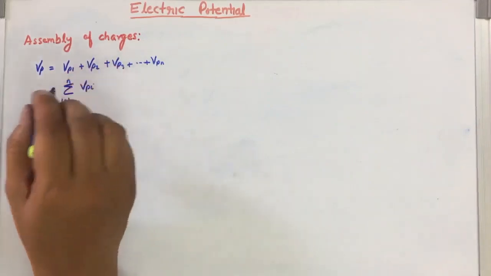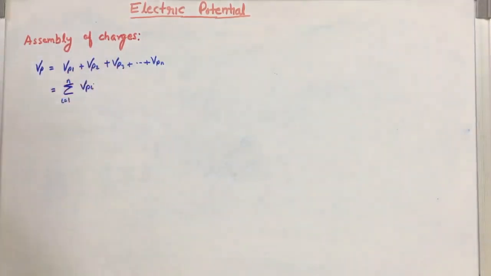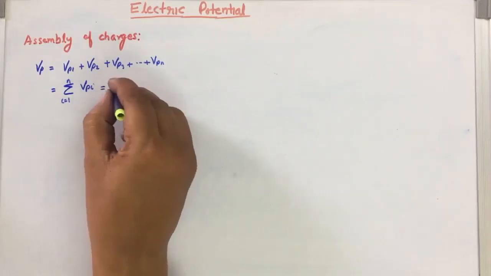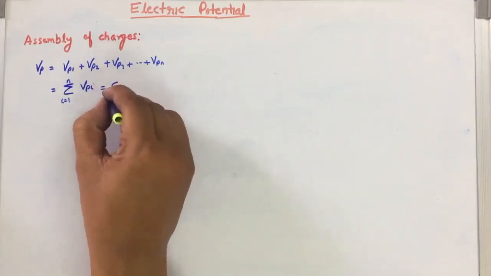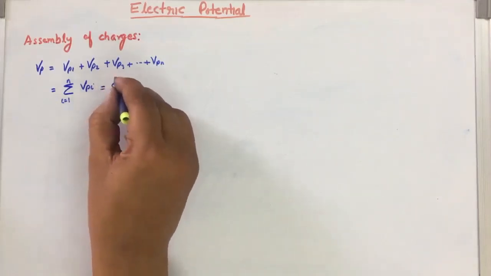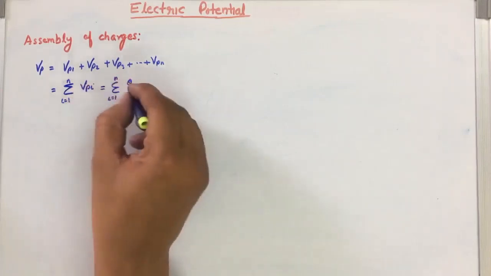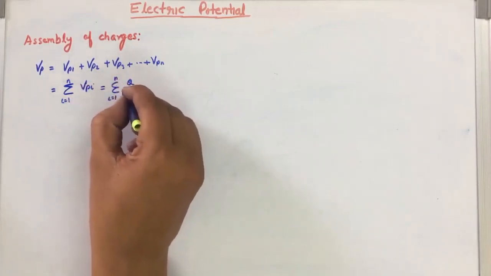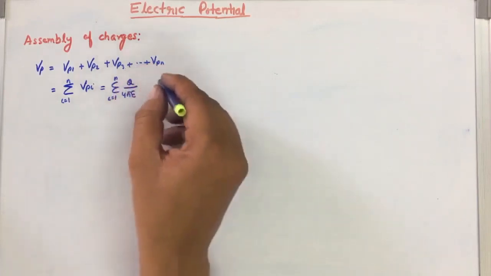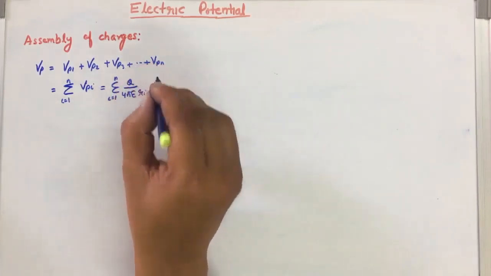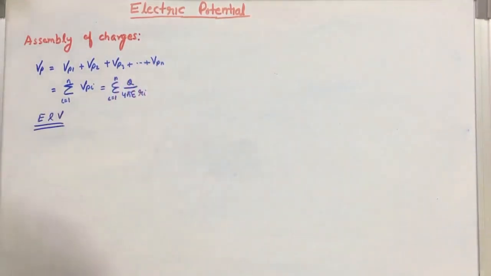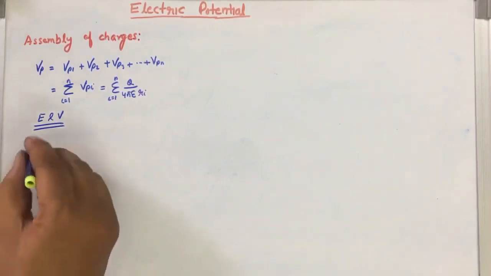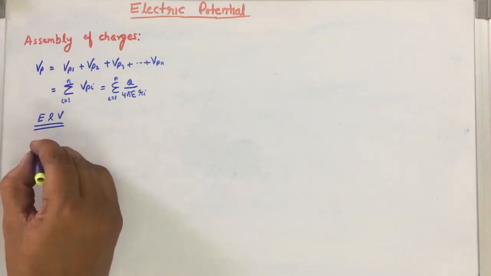We can write this in summation form like that, and V can be written as Q by 4 pi epsilon Ri.